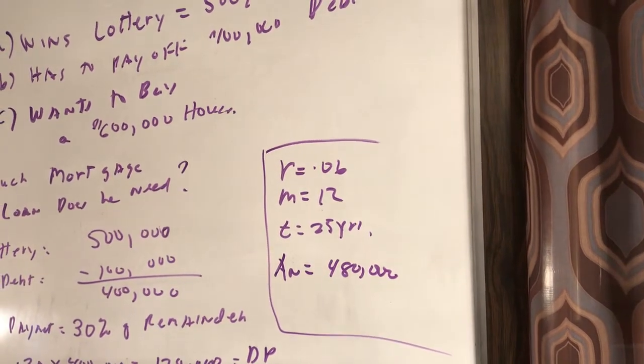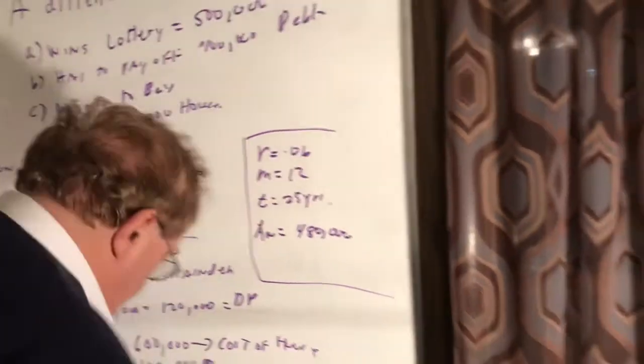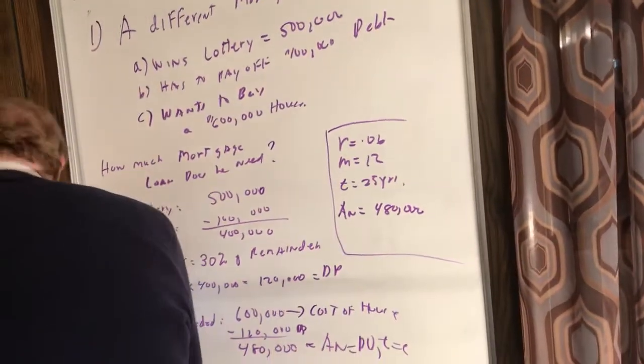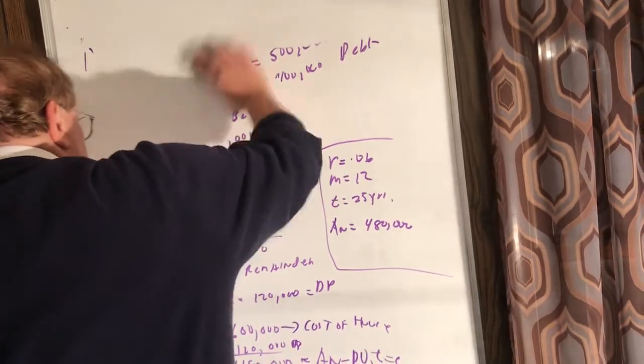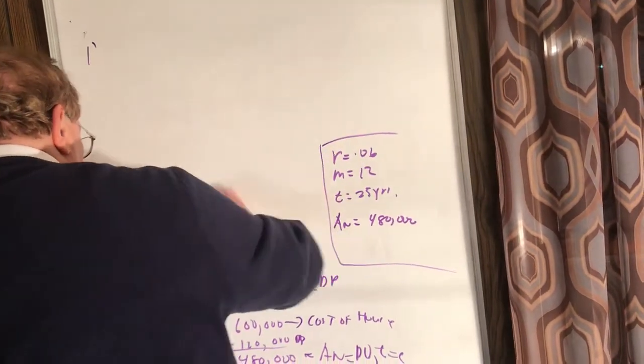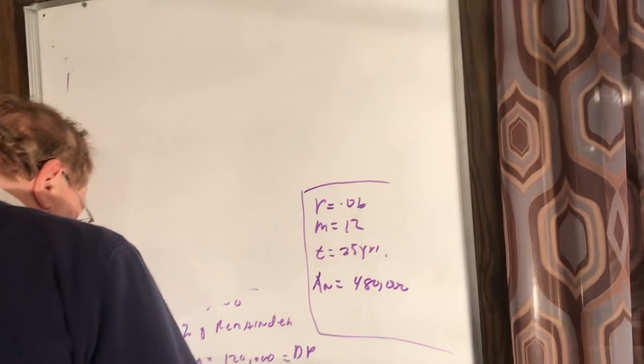I'm going to set up the equation and then you can solve it. We've done this before. So that shows you how sometimes you have to take off things that you owe before you can use your lottery earnings or an inheritance.